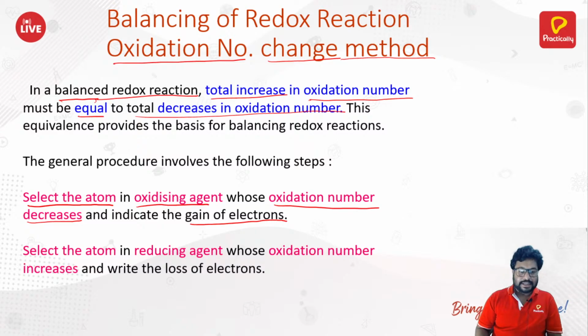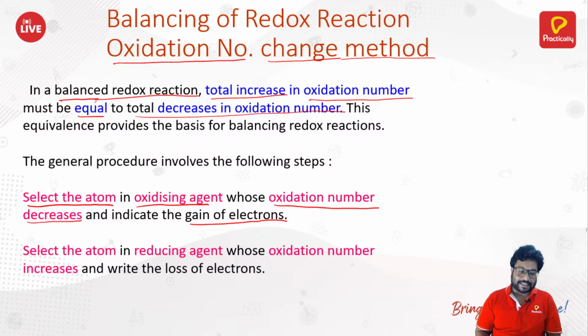Okay, next. Similarly, apply the same procedure for a reducing agent. What is a reducing agent? We know that a reducing agent is a compound which reduces another compound, itself getting oxidized. Now, not the whole species of the reducing agent is getting oxidized. Only one of the elements from that must be getting oxidized. So that means one of the elements is showing an increase in oxidation number, right?